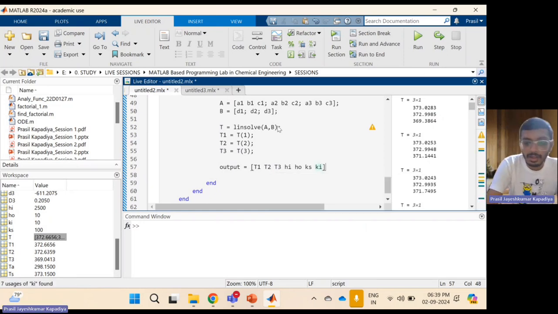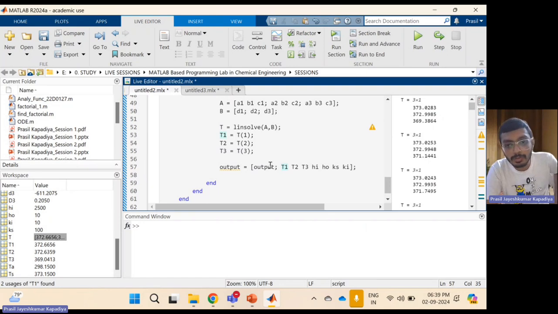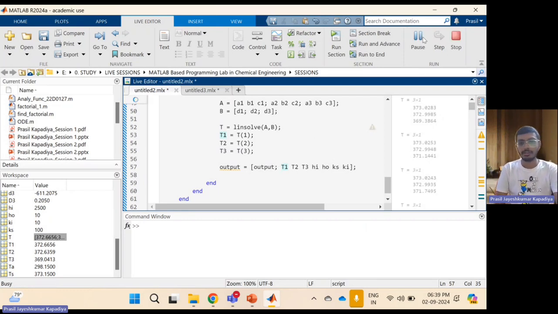Now, what will happen after each loop? I want to print it. So I will write output and put one semicolon. After the first loop, this value will be saved. Then for the next loop, it will go in the next column because of this semicolon. So now let's run and see what we are getting.